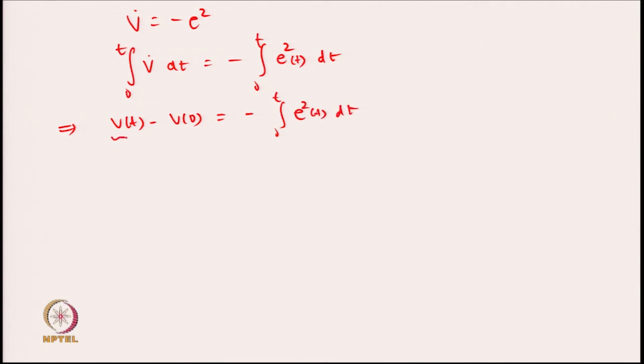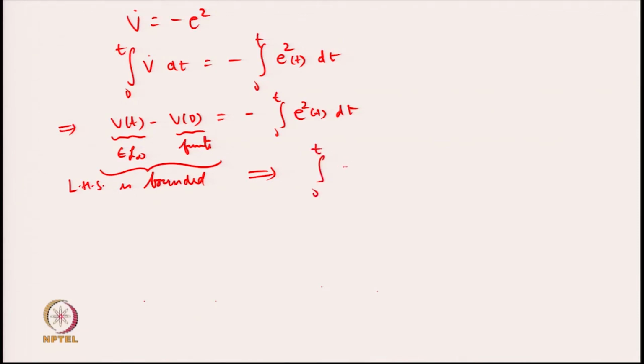We have already proved that V of t is bounded and this is some finite number. So, that means the left hand side is bounded, which means that the right hand side should also be bounded. So, this quantity E square should be less than infinity, which means that E of t is square integrable.